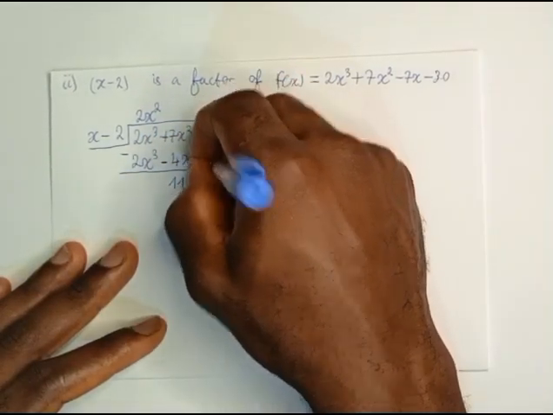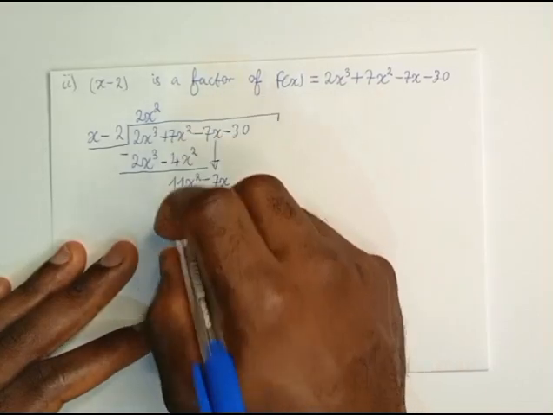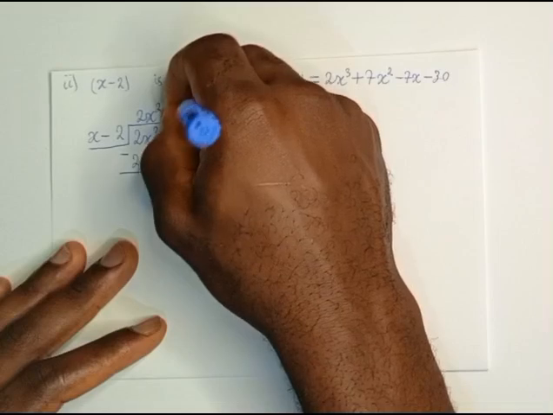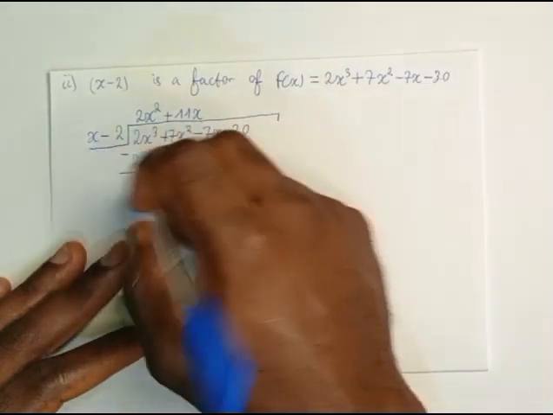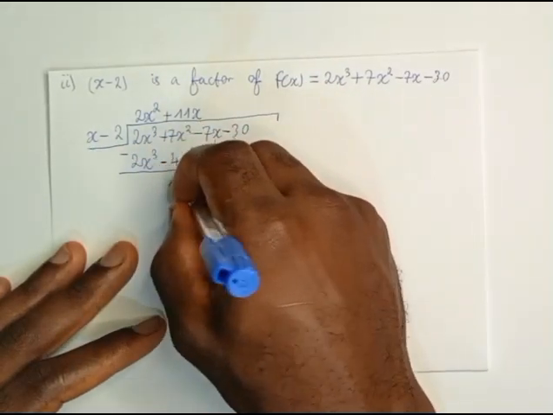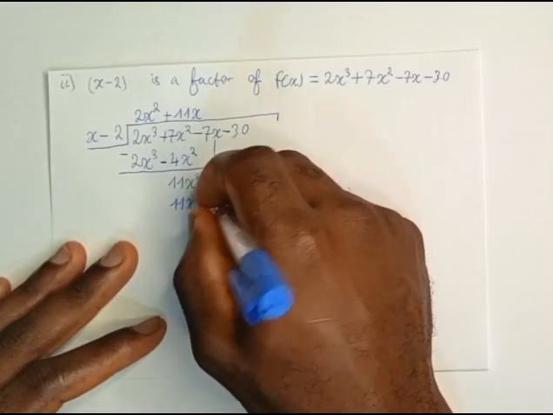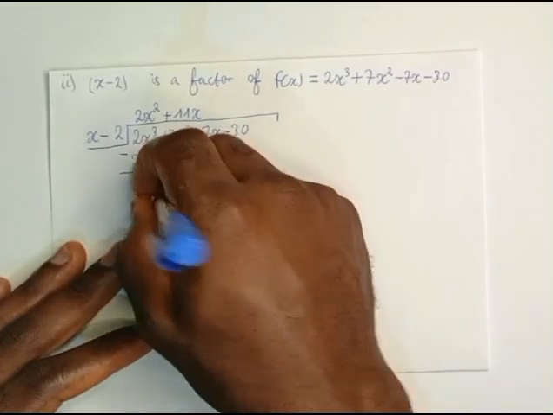Bring down negative 7x. 11x squared divided by x gives us plus 11x. 11x times x gives us 11x squared. 11x times negative 2 gives us negative 22x. We subtract.